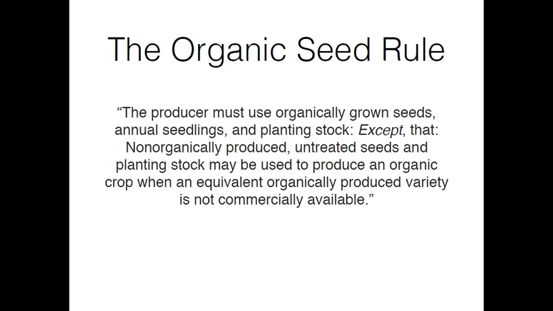So this is the organic seed rule, and ensuring that you're meeting your organic seed requirement is something that variety trials can really help folks out with, because it can either help you identify an organic variety that does just as well as a conventional variety that you might be pretty attached to, or it can help you demonstrate to your certifier that there is no equivalent variety available, and that you need to communicate that information to the plant breeders and seed companies that you work with to help ensure that organic seed can become available that works really well for your farm.